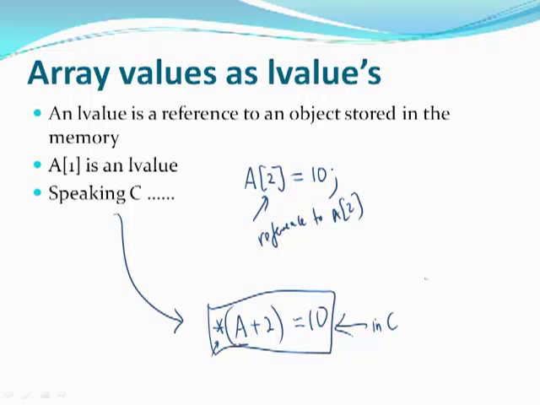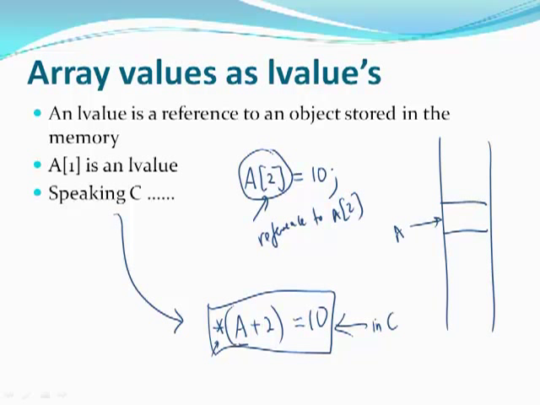Now in C it's kind of clear what we're doing, but here it's not really clear. Here it seems that A[2] gives you some reference to the location where A[2] is pointing to. So you can think of A[2] being 10 here.